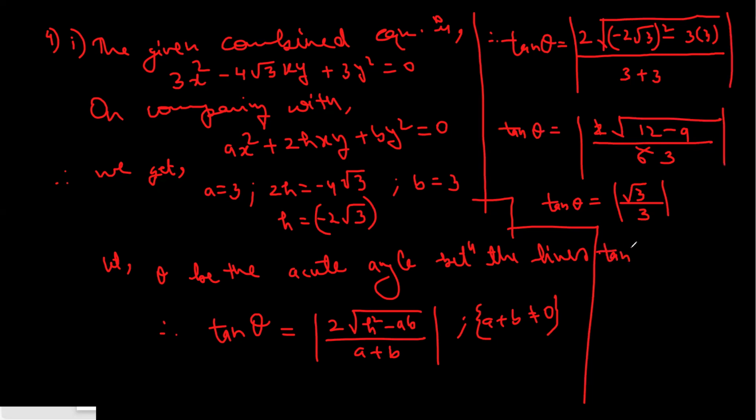So therefore tan of theta is 1 upon root 3, because root 3 upon 3 is 1 upon root 3. And this is positive only. So tan of theta is 1 upon root 3. So what is theta? Theta is equal to pi by 6. That's the answer. Please do it fast.